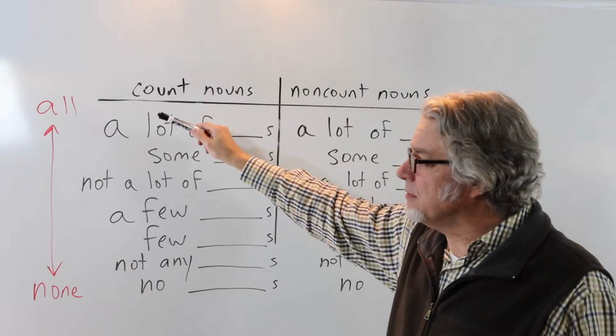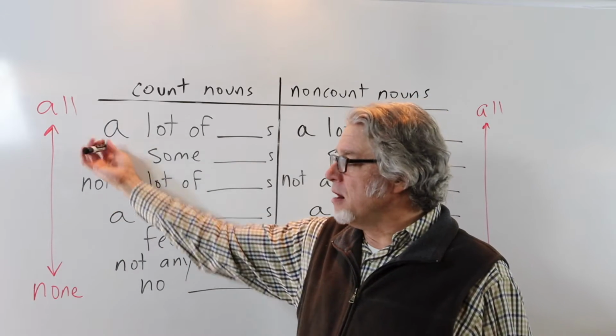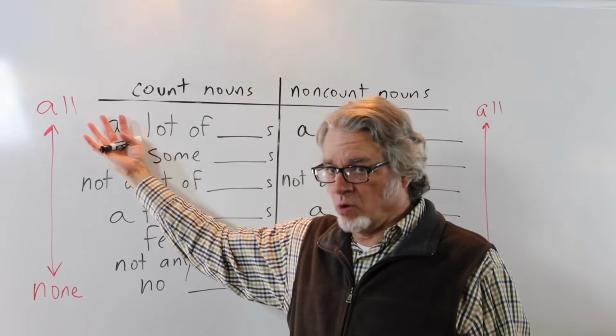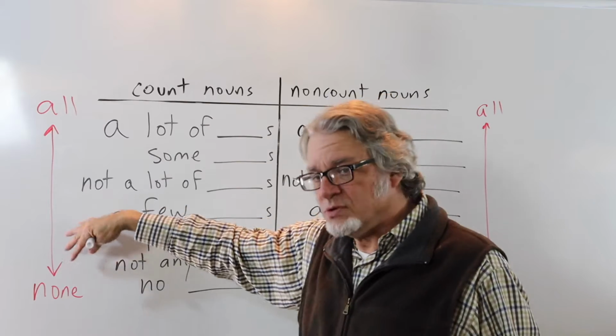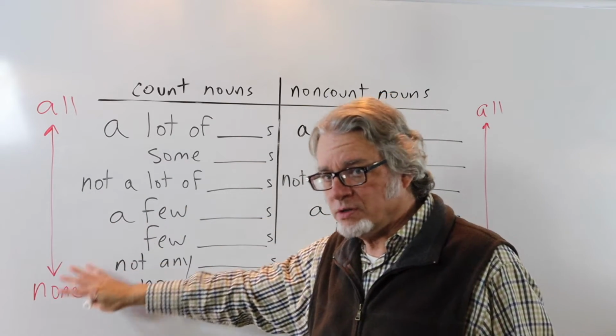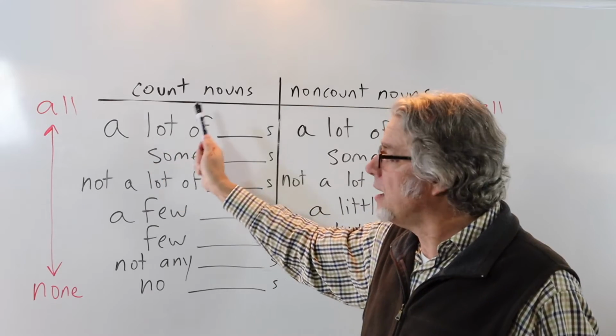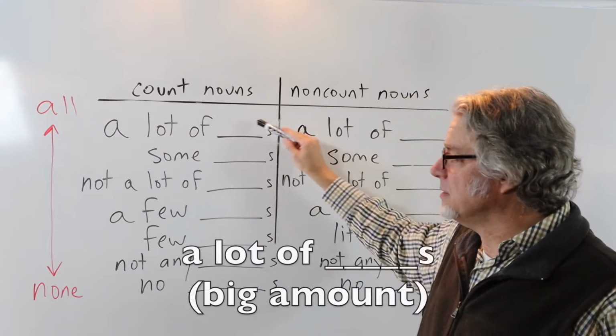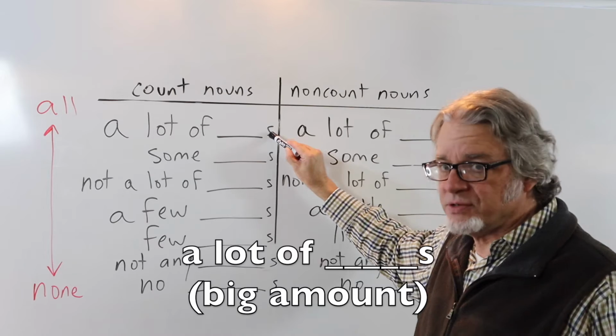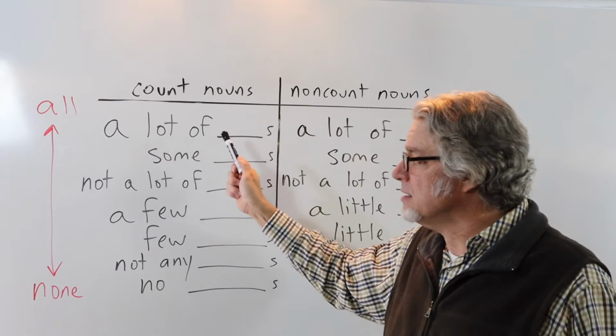So going from the greatest or largest amount to the smallest amount or zero, we have a lot of, and then the noun is here, and this is the plural.